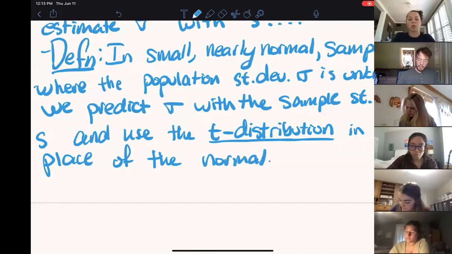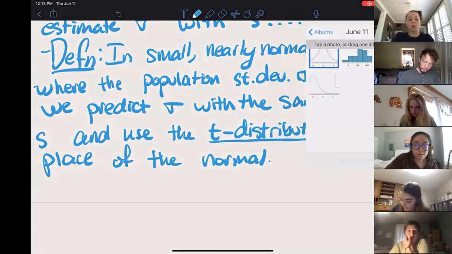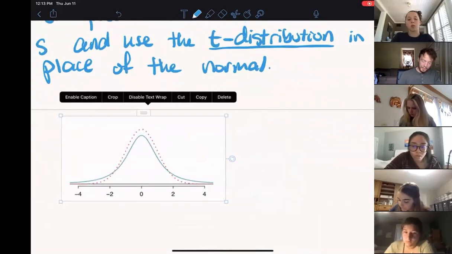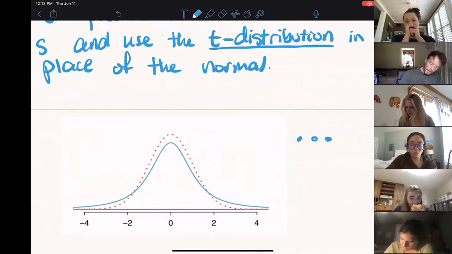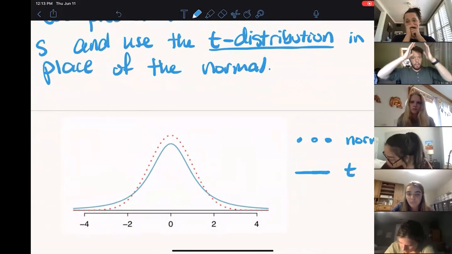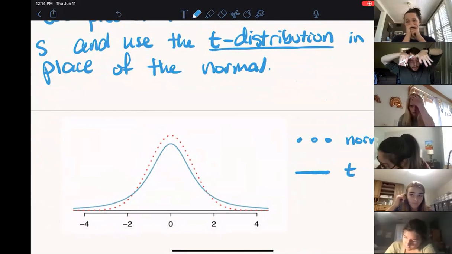So what is the t distribution? Let's take a look. The t distribution looks like this, or it looks like one of these. The dotted line in this case is the normal distribution. So that's our usual standard normal. And the solid line is the t, right? So let's take a look. The dotted line, it looks like the normal is sort of taller and skinnier, and the t is kind of squished down a little bit.